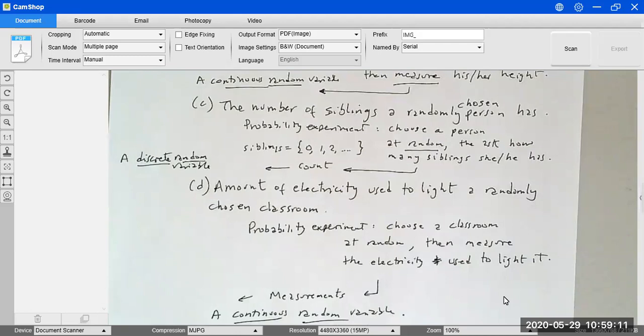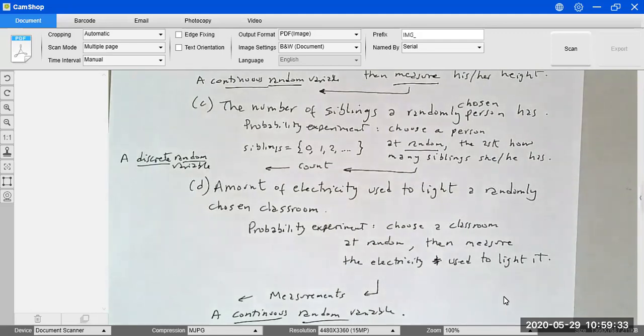So that's example 6.1. So now we're gonna learn about two more definitions, and then we're gonna solve another problem, and then I'm going to assign you some problems. So now the next definition is that we need to collect all this information. When you are doing a probability experiment, you are getting outcomes.